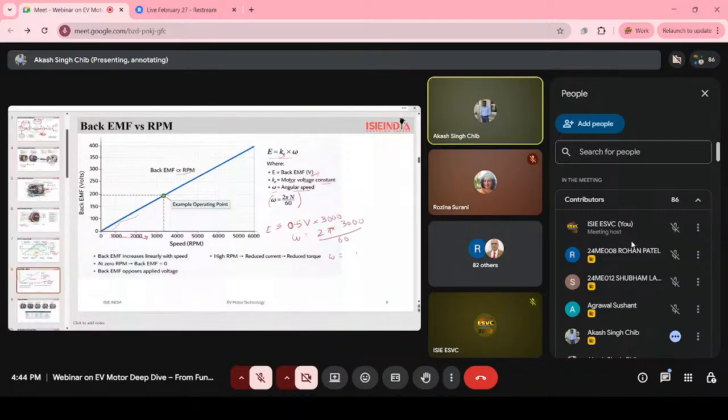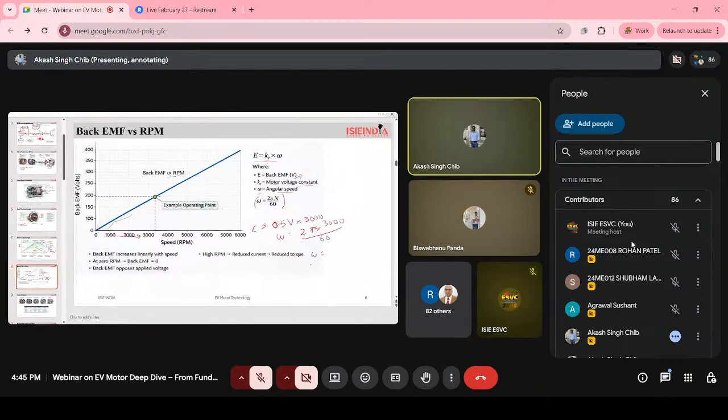How much angular speed are we getting here? Can anyone calculate for me? 2 pi into 3000 upon 60. So 314. Yes, we are getting 314 radian per second.